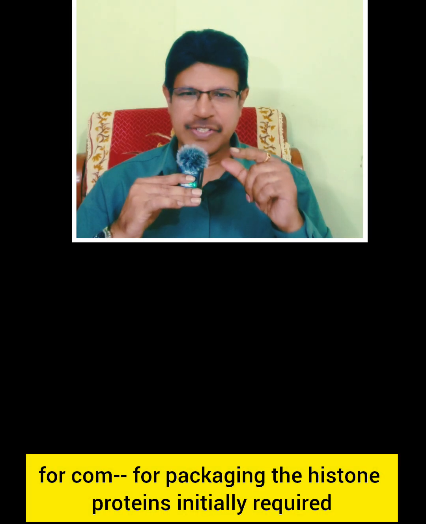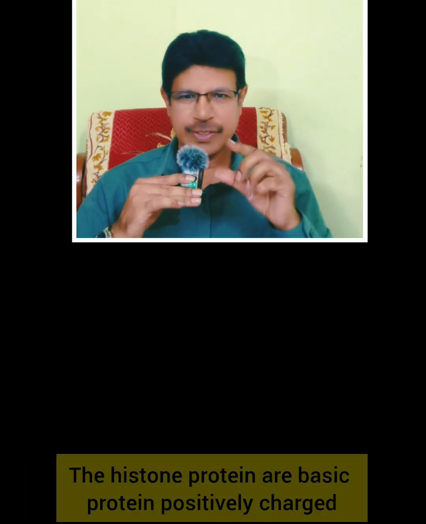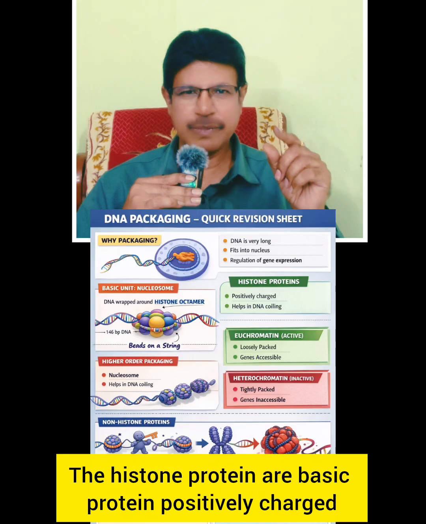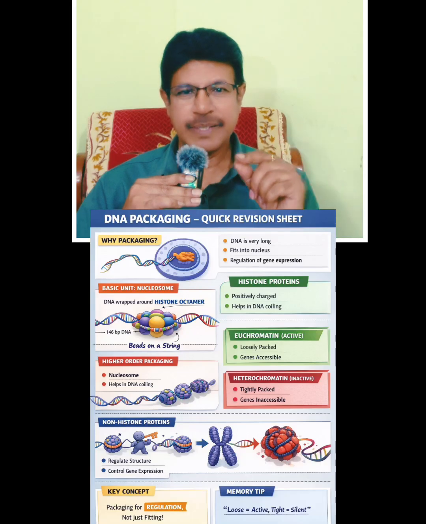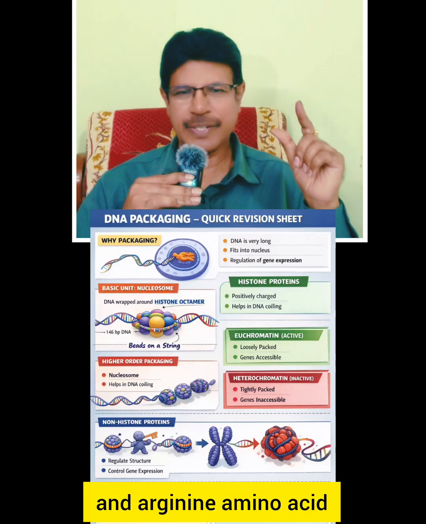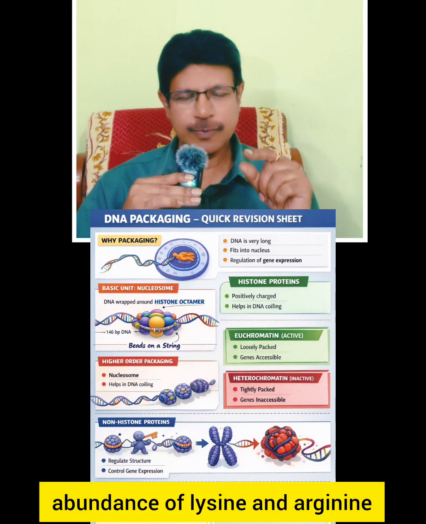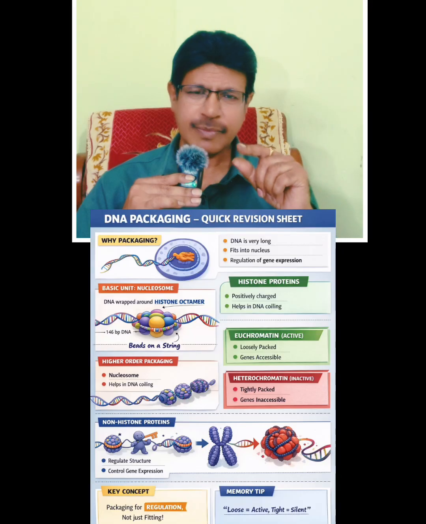Next, for packaging, the histone proteins are initially required. The histone proteins are basic proteins, positively charged because of abundance of lysine and arginine amino acids. Not with all arginine and lysine, but abundance of lysine and arginine.